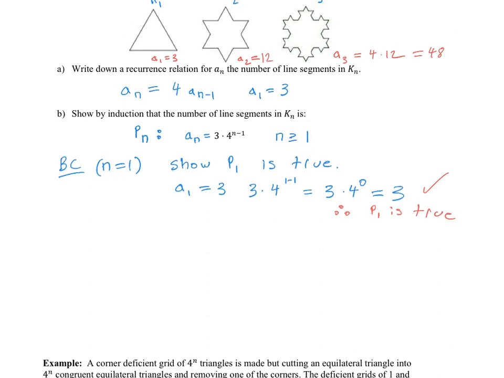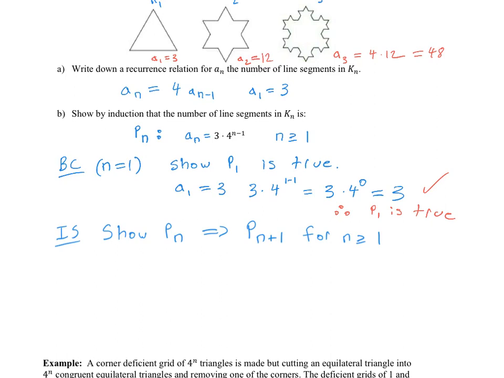So in the inductive step, again, we'll write down what we want to show. We want to show that p sub n implies p sub n plus 1 for all integers bigger than or equal to 1. And I'm going to start by writing down our goal for our inductive step.